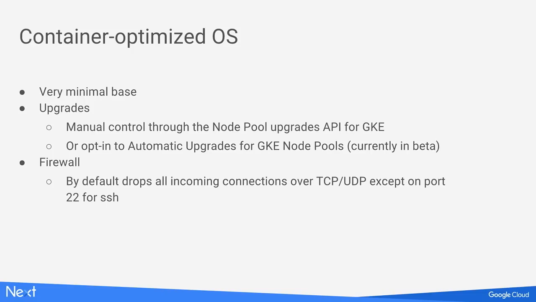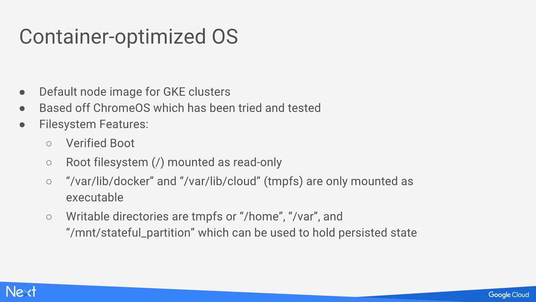And other great features of the OS that we use are it's a super minimal base. Really, everything has to be run in containers. There's a firewall that drops all network connections except for SSH by default. It's the default node image for all of GKE, and it's based off Chrome OS, which has really been tried and tested as a great security operating system.